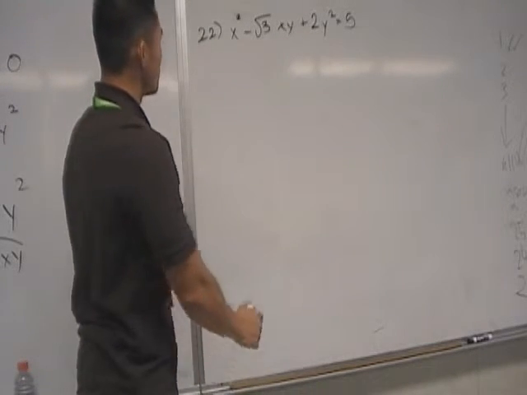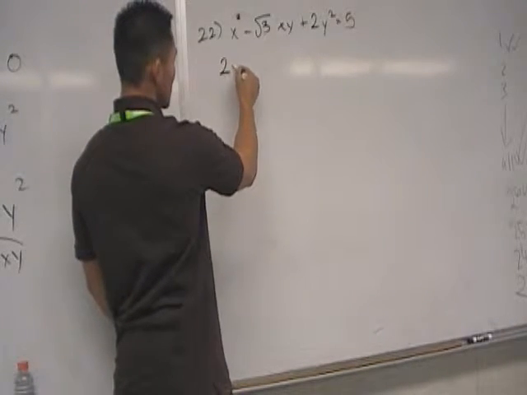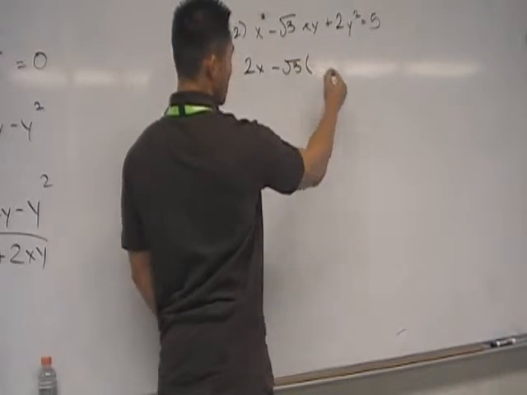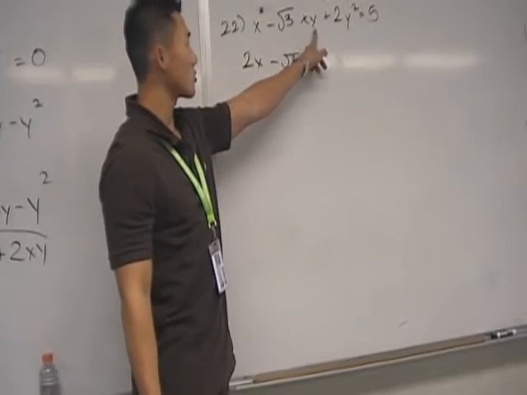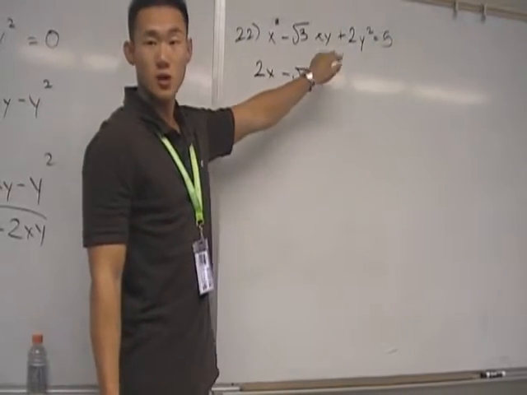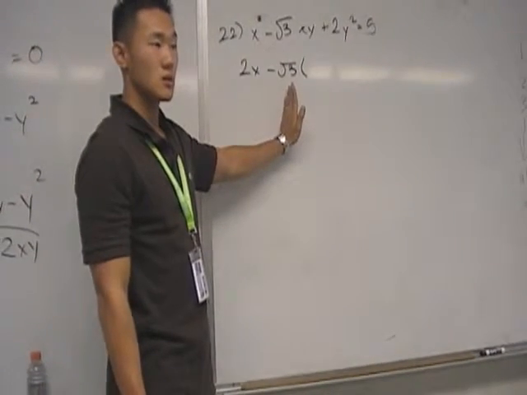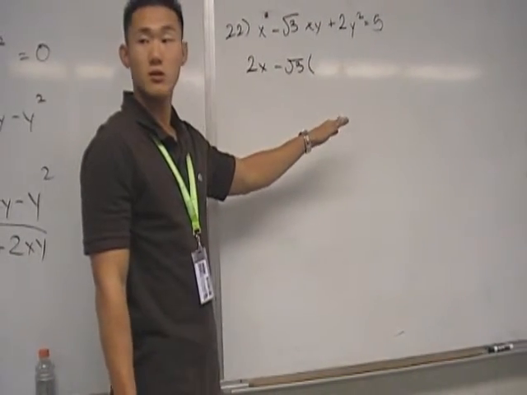Alright, let's take the derivative. So we got 2x minus square root of 3. And then let's open up parentheses, because we are going to take the product rule of x and y. So if there's a number out in front, you can just put it outside the parentheses first, and then deal with it later.